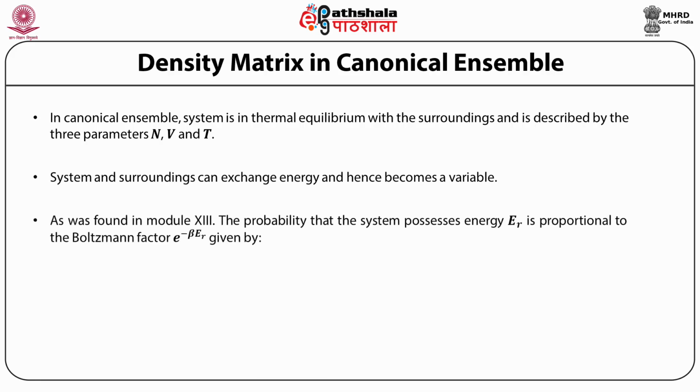As was found in module 13, the probability that the system possesses energy ER is proportional to the Boltzmann factor e raised to power minus beta ER, given by probability PR equal to e raised to power minus beta ER divided by summation over R of e raised to power minus beta ER, which is equal to e raised to power minus beta ER divided by the partition function Z.